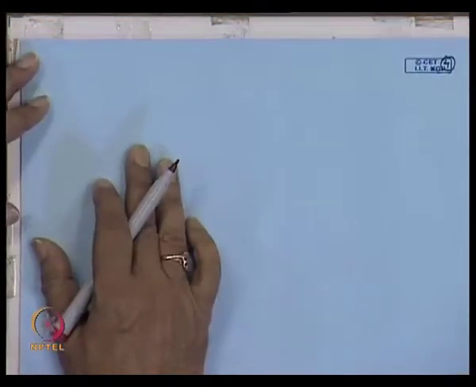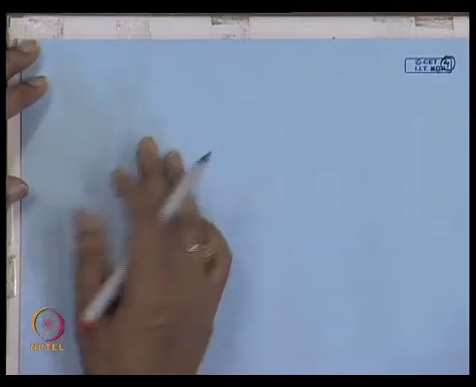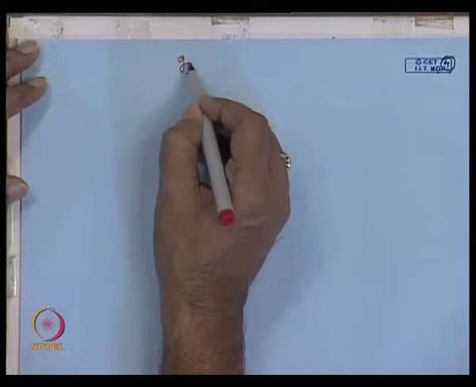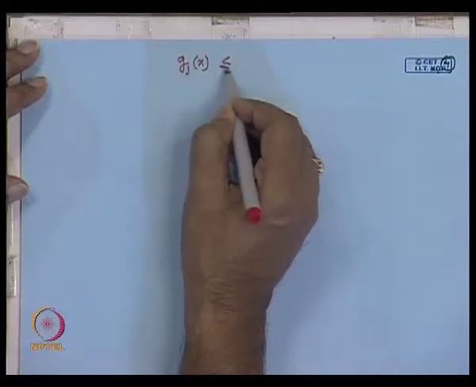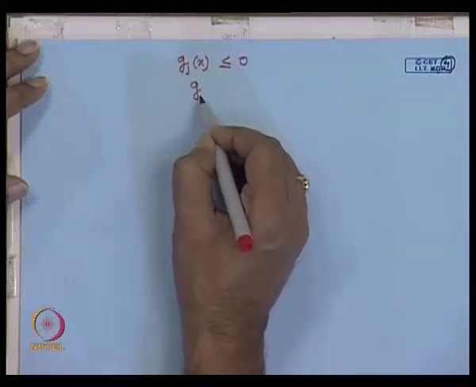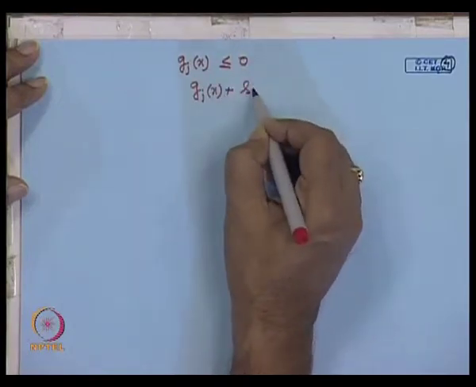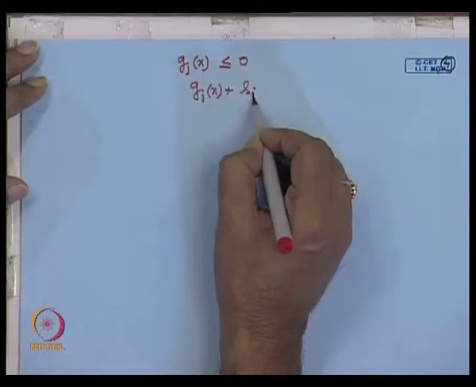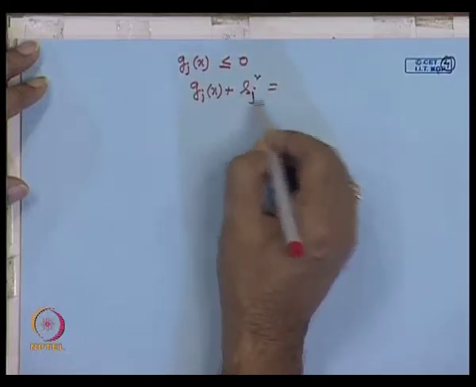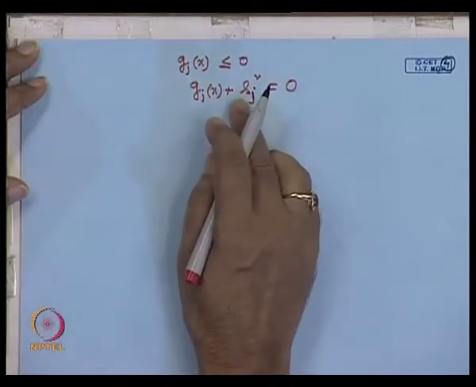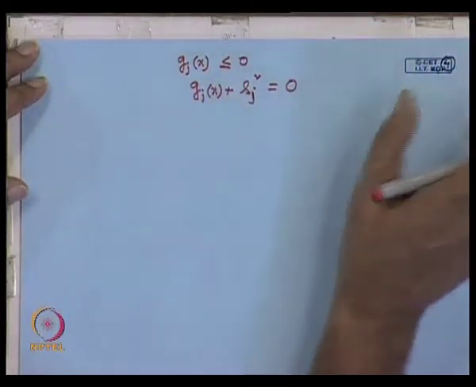Before we discuss that, we have just seen that if you have g j of x less than or equal to 0, then we can convert it into an equality constraint by using a variable s j square, a positive quantity. When s is equal to 0, that means the equality condition is satisfied.